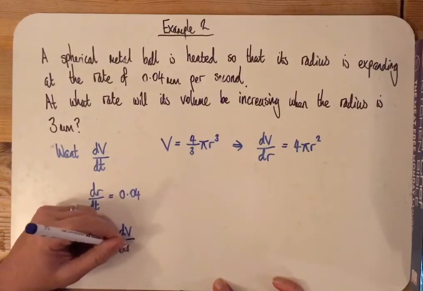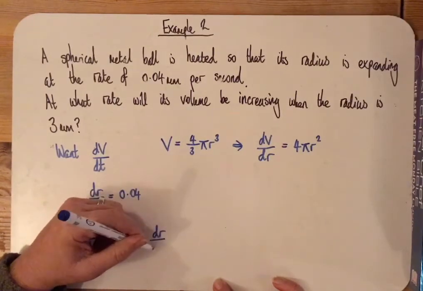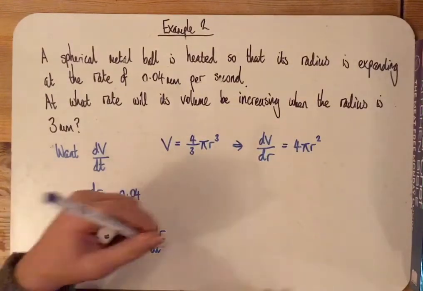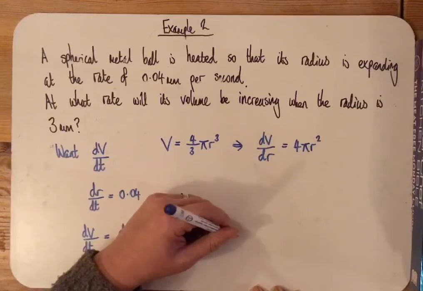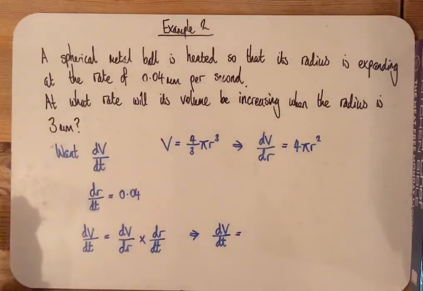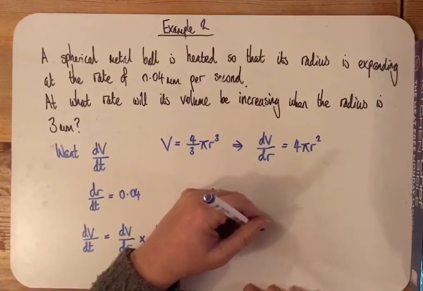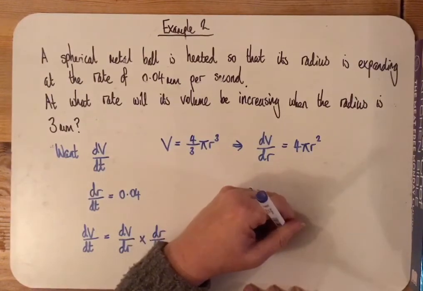So dv/dt is equal to dv/dr, which is 4 pi r squared, times dr/dt, which is 0.04.